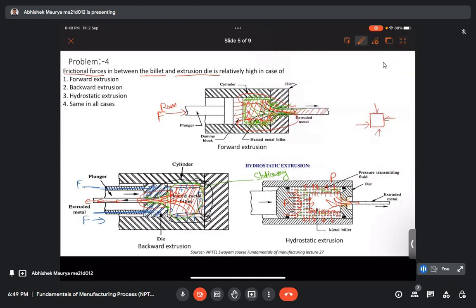So here a very small region of high friction is there, near the die. Whereas in these regions where the fluid is in contact with the billet, there is very negligible frictional force, almost zero.